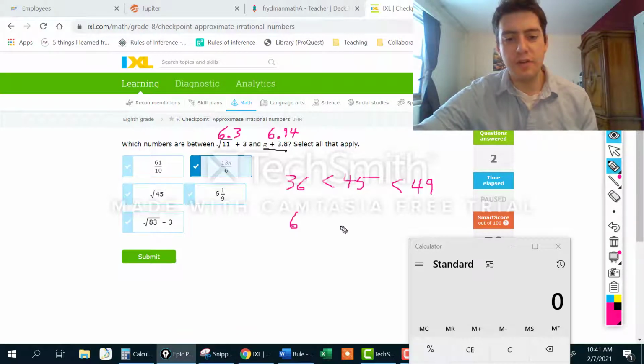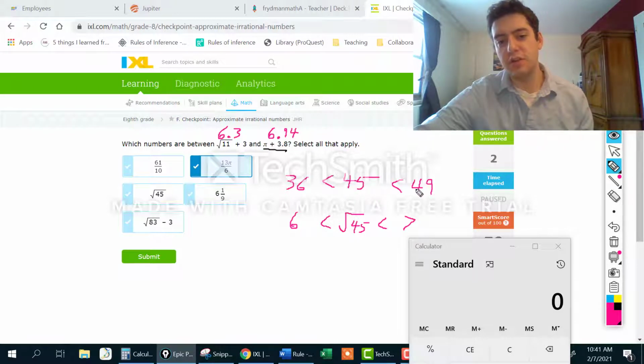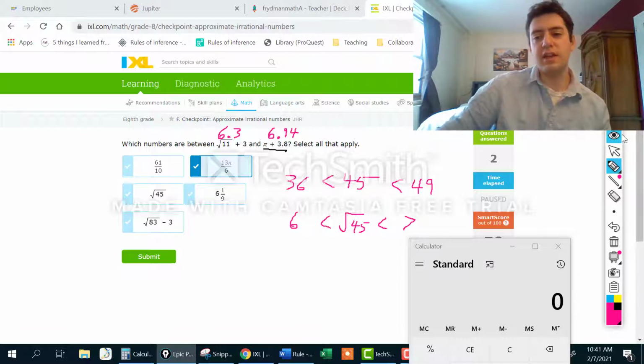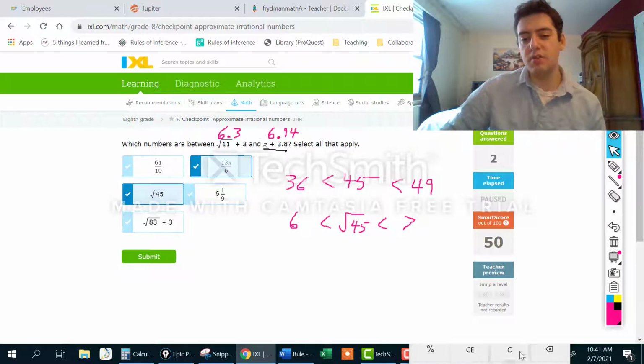So I know that the square root of 45 is between 6 and 7, probably a little bit closer to 7 because 45 is so much closer to 49 than it is to 36. So it does seem reasonable that the square root of 45 would be in between these two numbers here.